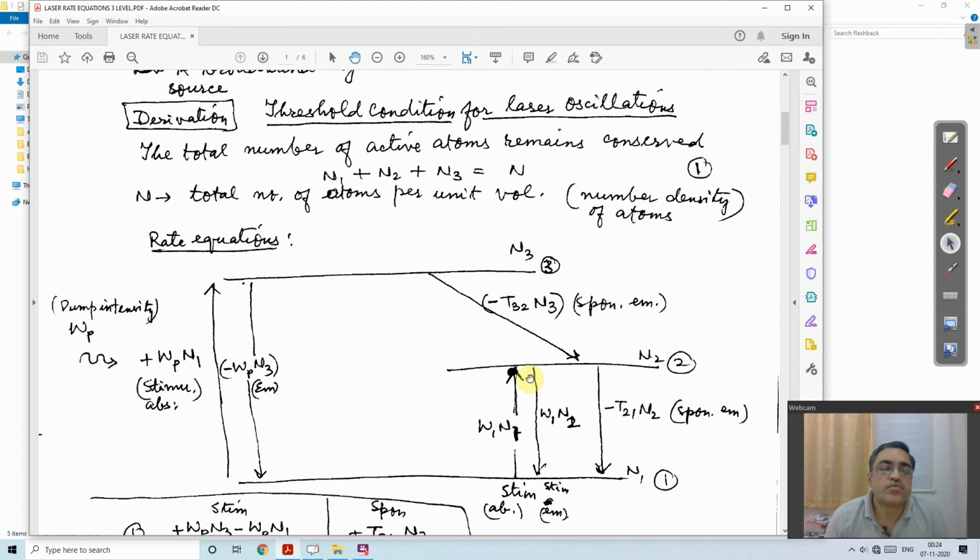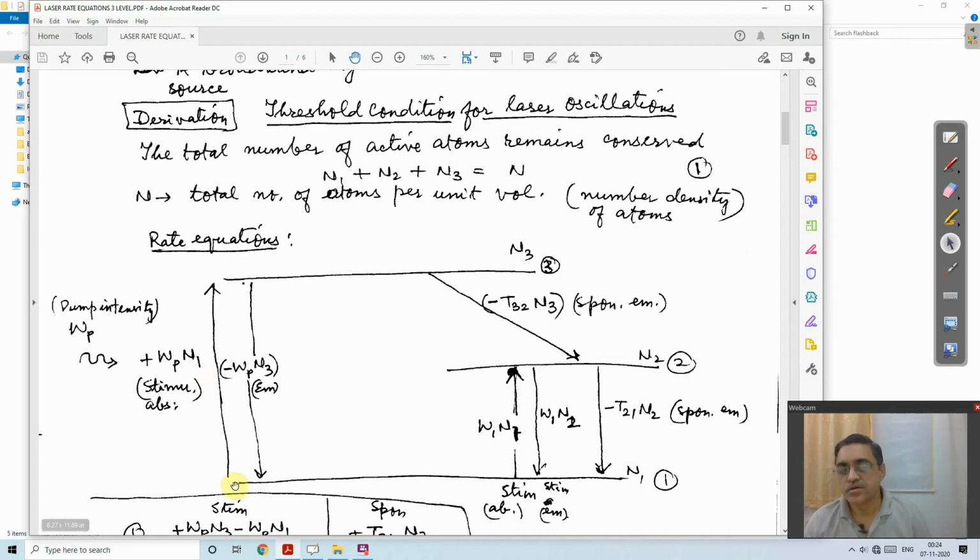Now we can very easily understand the rate equation. You know that the rate of upward transition depends on the probability of transition and the number of active species present at that level.